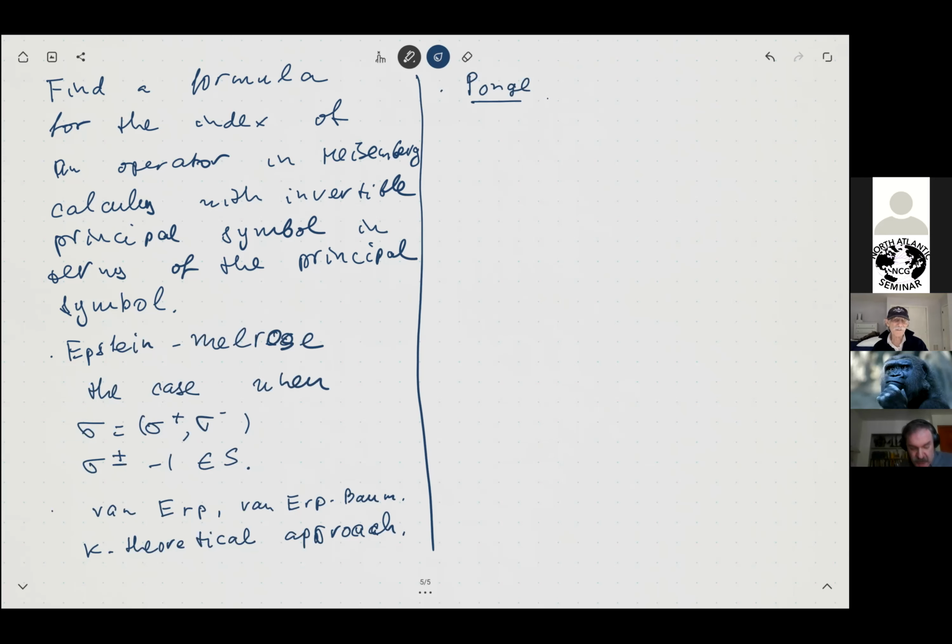So Epstein and Melrose give an answer of exactly the same shape, but under this very restrictive condition.